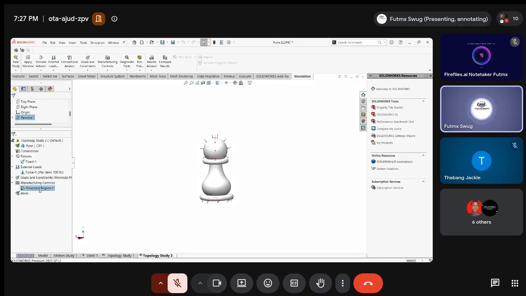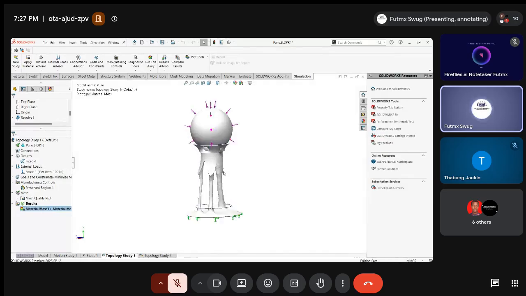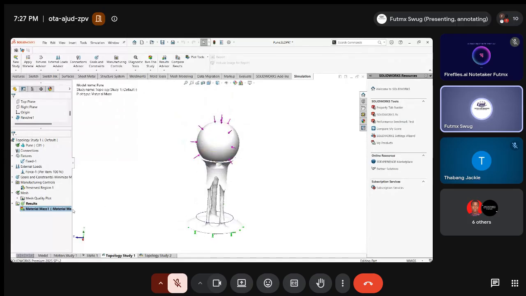I may have to run it again. Okay, it's fine. Sorry, it's going to take a while, because this is actually a topology optimization.